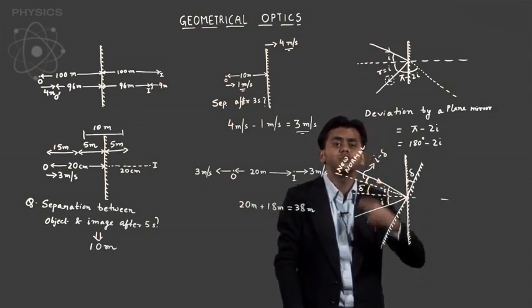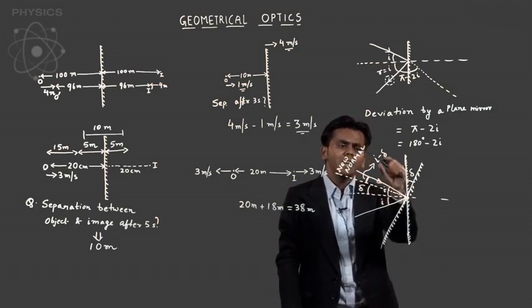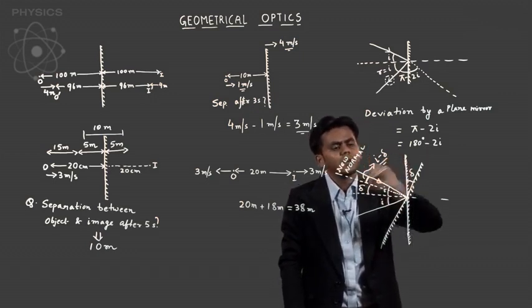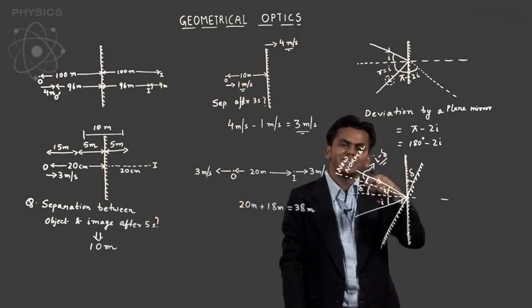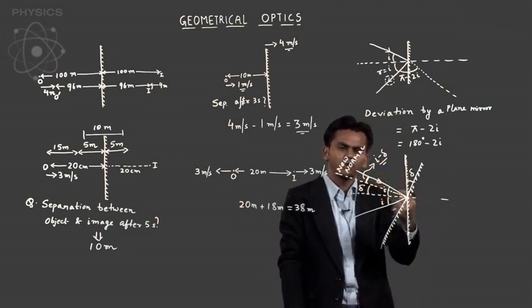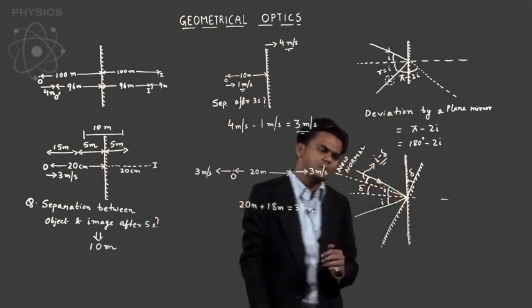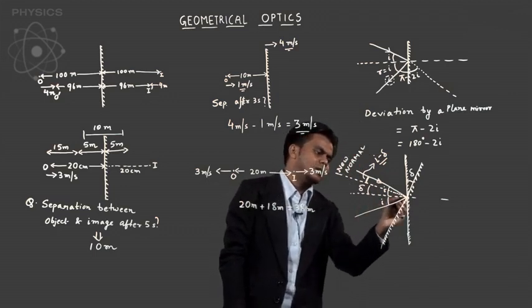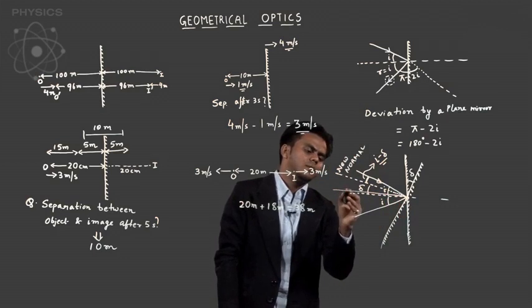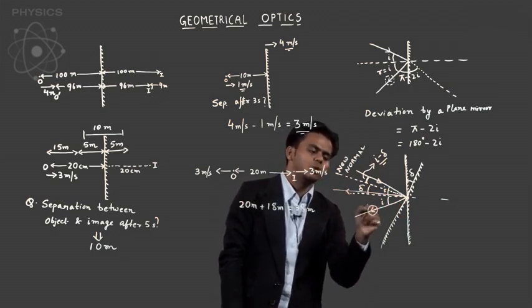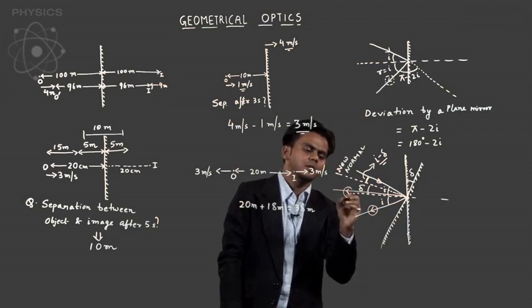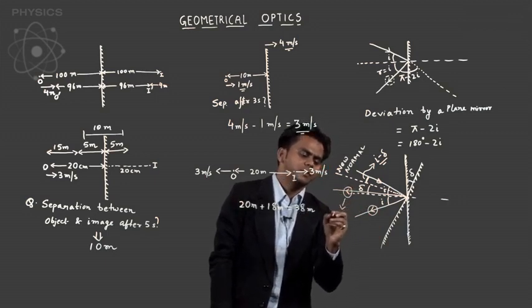My reflected ray would change. If I minus delta is my new angle of incidence, even my angle of reflection would be I minus delta, which means that the angle which I will make with the new normal, this is my original, or rather the old reflected ray, and this is my new reflected ray.